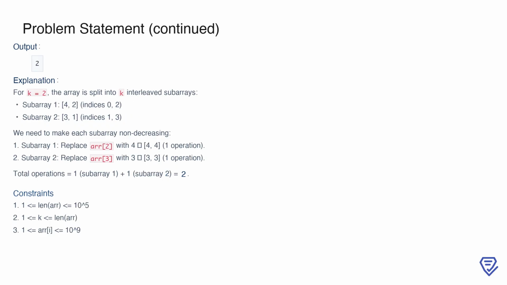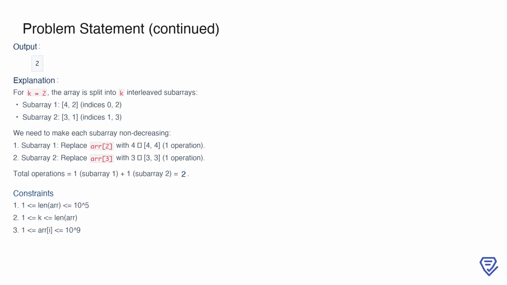Let's look at a third example with the array 4, 3, 2, 1, and k equal to 2. As before, we divide the array into 2 interleaved subarrays. The first subarray consists of elements at indices 0 and 2, which are 4, 2. The second subarray is formed by elements at indices 1 and 3, which are 3, 1.